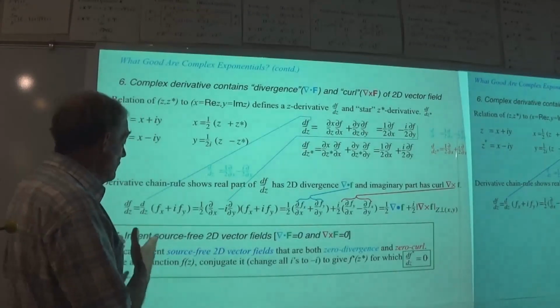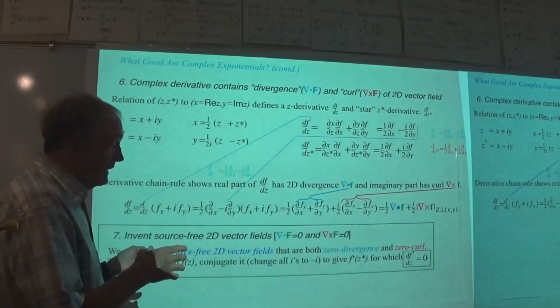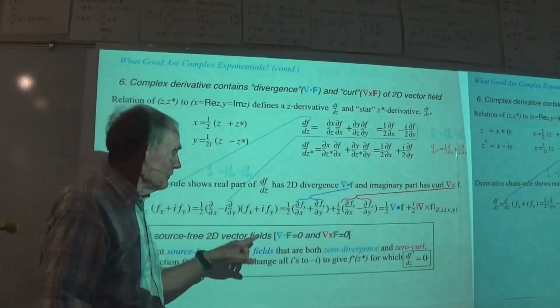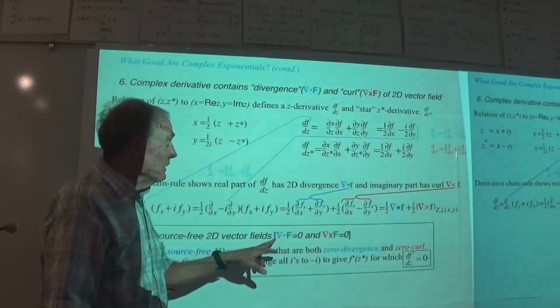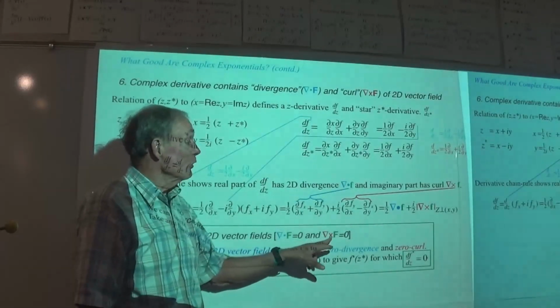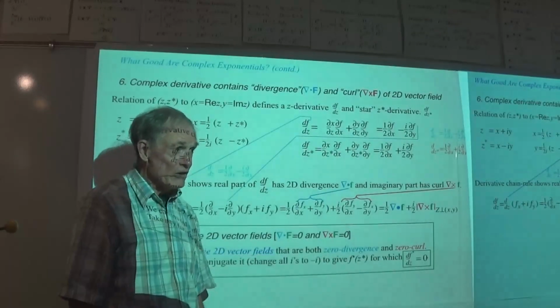That is, invent just by writing down any function of z that you can think of, and you will get a field that is pretty much everywhere divergence-free and curl-free. That's kind of cool.